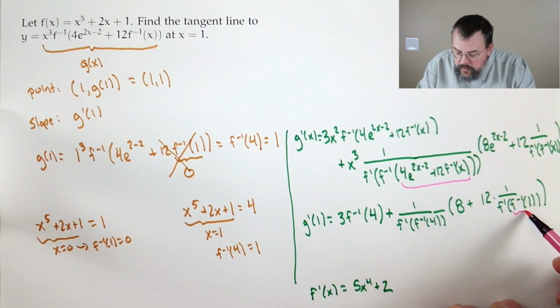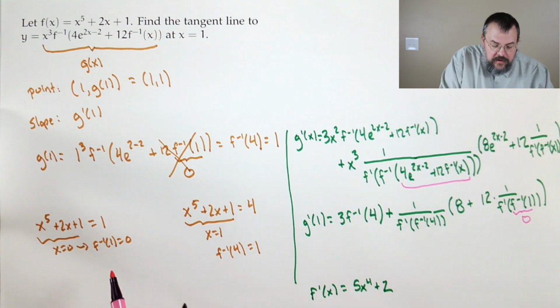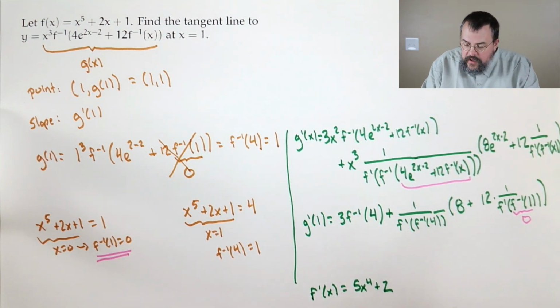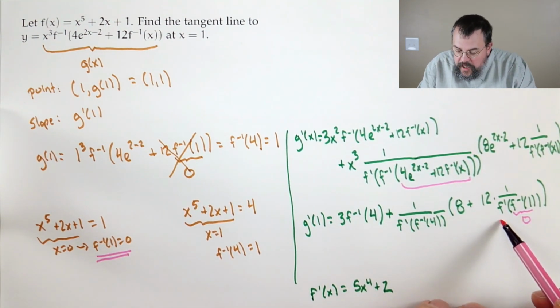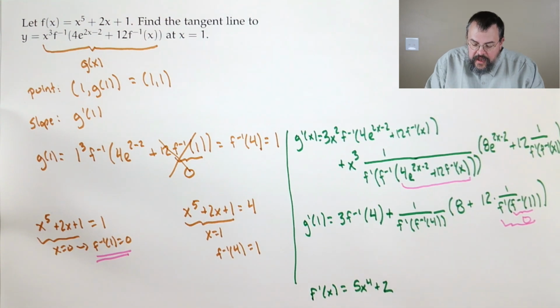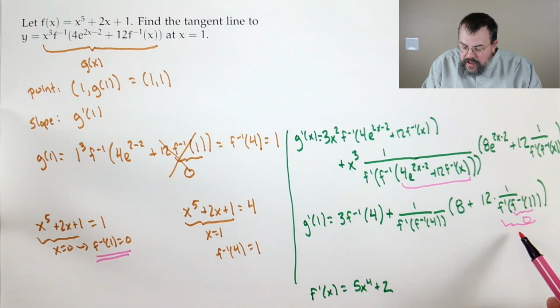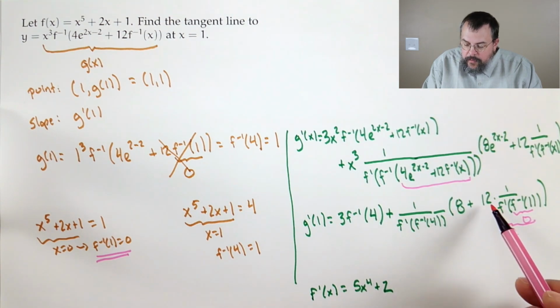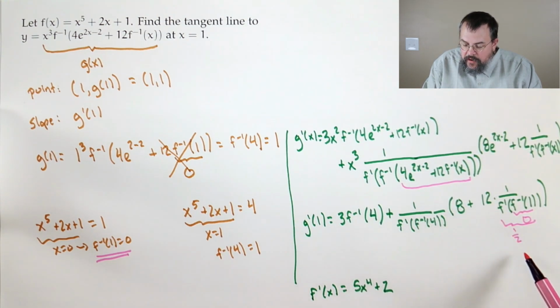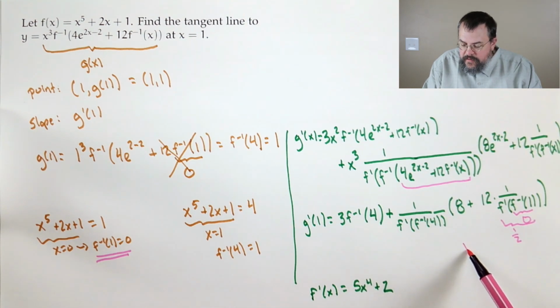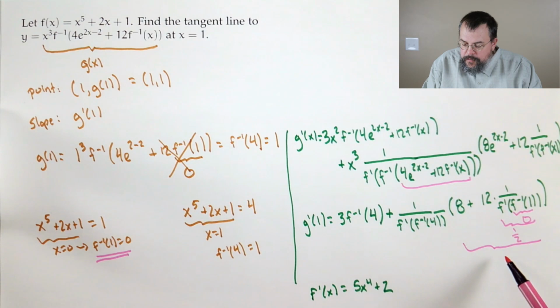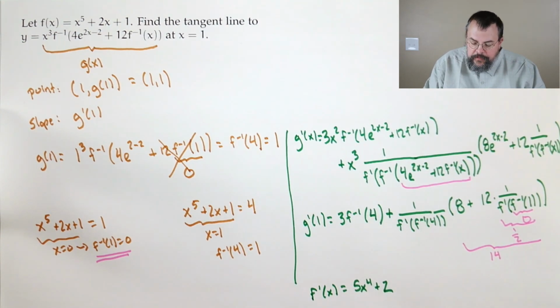We know that because we did it over here. See, f inverse of 1 equals 0. So this is 0. So f prime of 0 is what? F prime of 0 is 2. So this whole piece here becomes a half. So 1 half, then there's a times 12, which means you get 6 plus 8, which means this big thing on the end will become 14. All right, good to know.